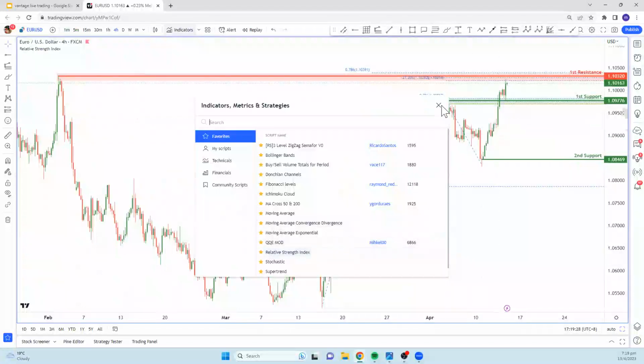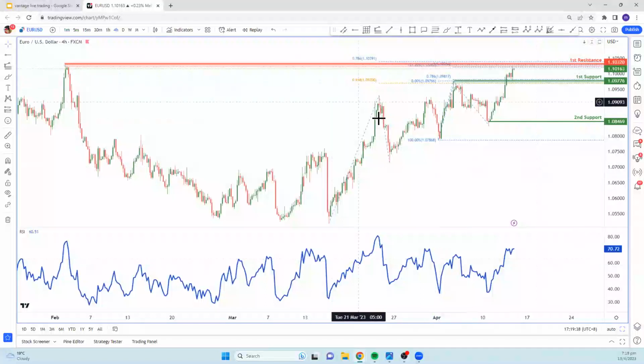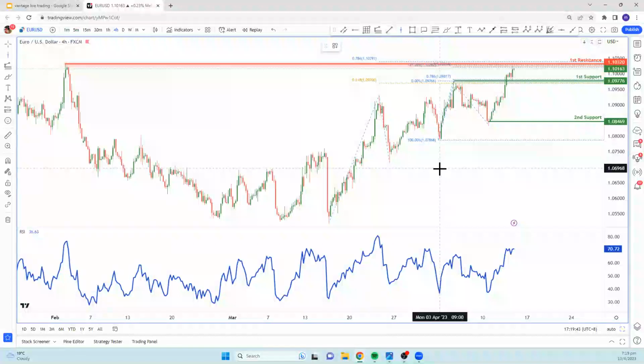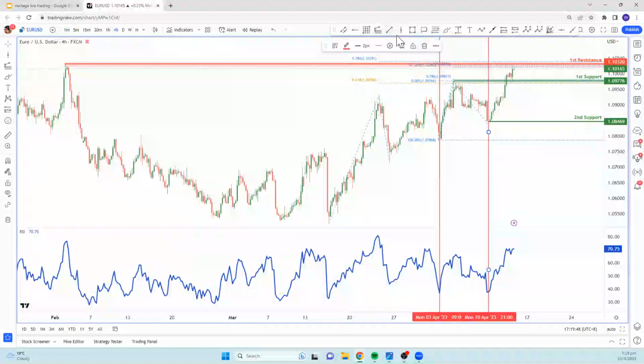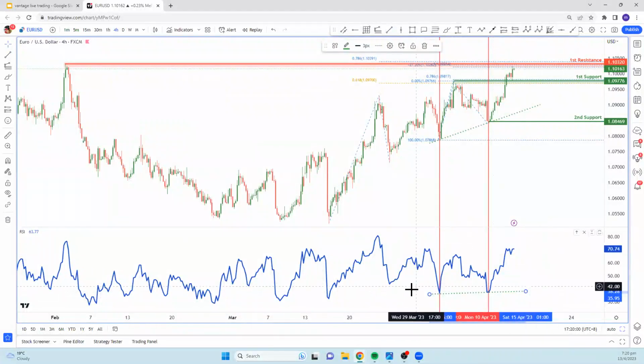Okay, let's take a look at RSI. On RSI, if I highlight this area, you can see price is making a higher low on our price chart, whereas on our RSI, it is staying horizontal over here.